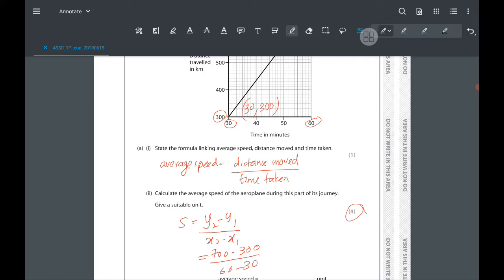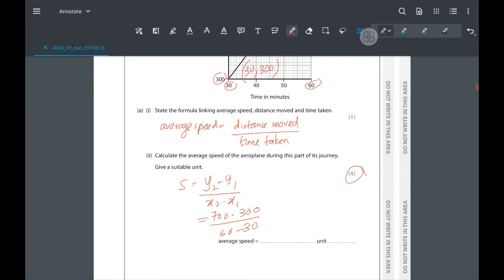But I know these values are given in minutes, so I'm going to put a bracket and multiply by 60 so that it converts into seconds, and also this one is given in kilometers, so I'm going to multiply by 1000 so that I'm getting the answer 222.22.